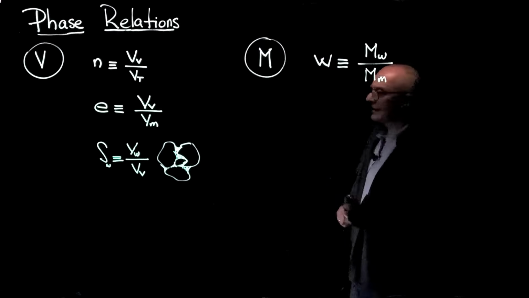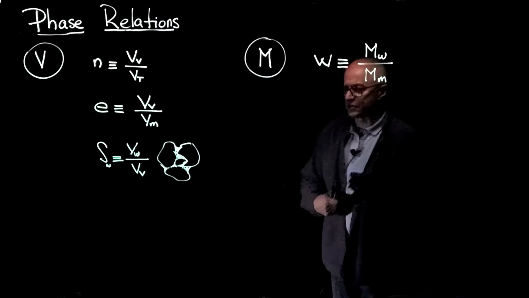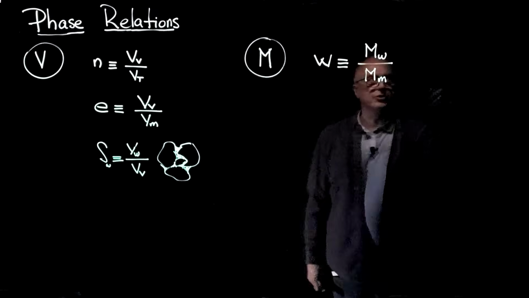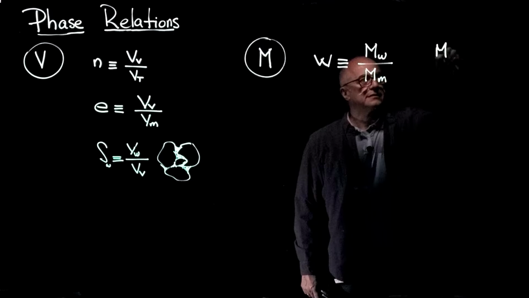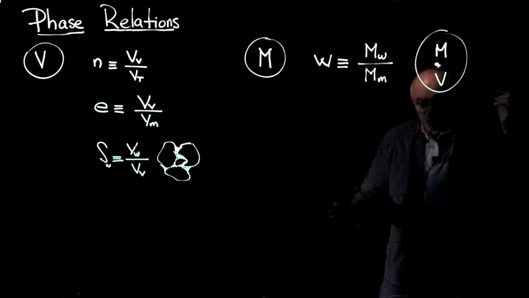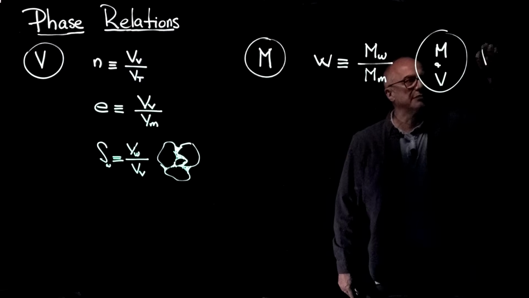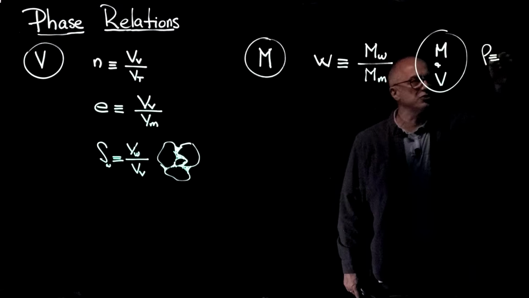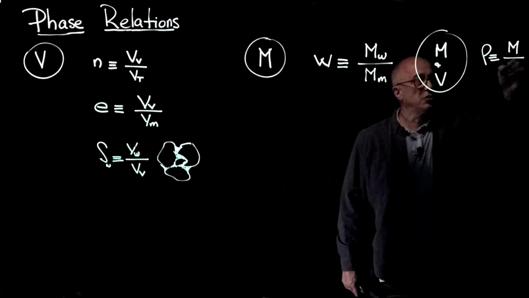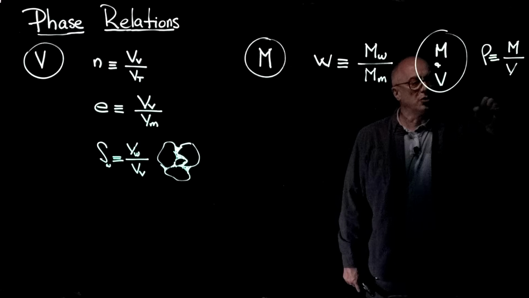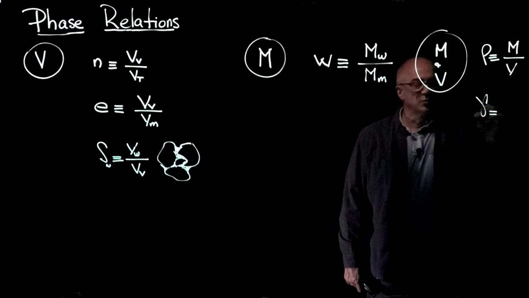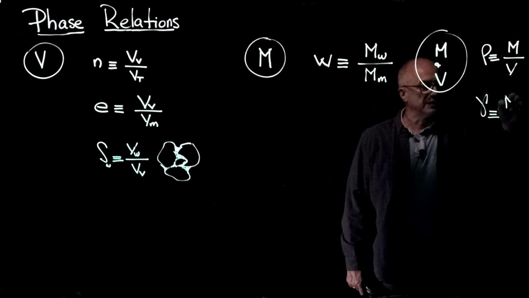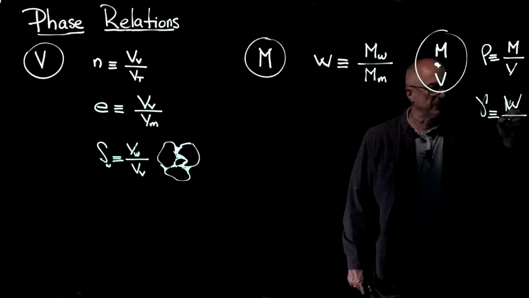Finally, there are some definitions that involve both mass and volume, and the most critical ones, of course, are mass density, which by definition is mass over volume, or the unit weight, which by definition is the weight over the volume.